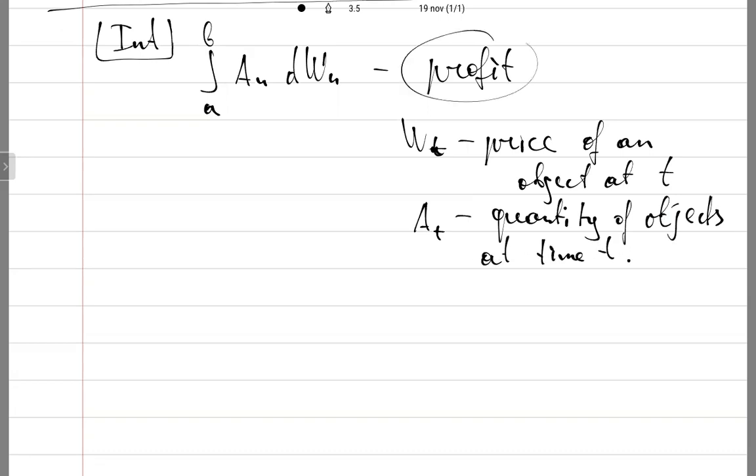Basically, we showed how we may calculate a profit: final wealth minus initial wealth, plus investments or payoffs during the period.